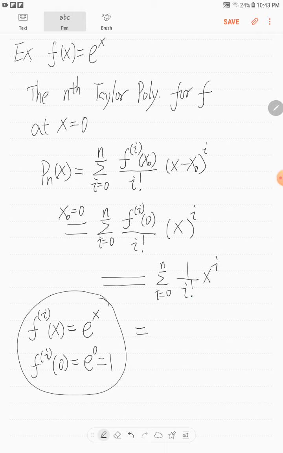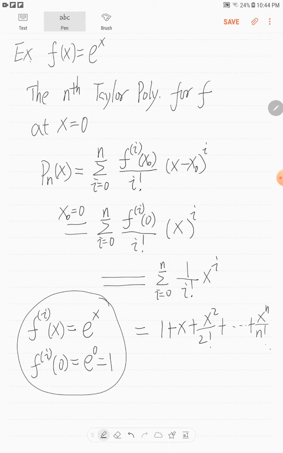So that is equal to 1 plus x plus x squared over 2 factorial plus up to x to the nth power over n factorial. So this is the nth Taylor polynomial for this function f at x naught.